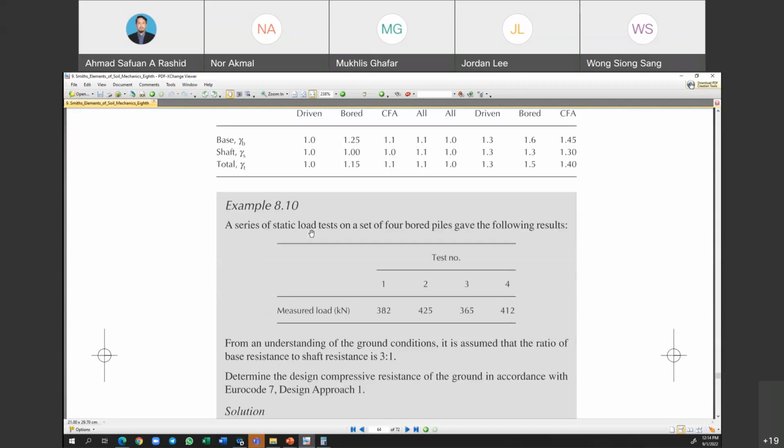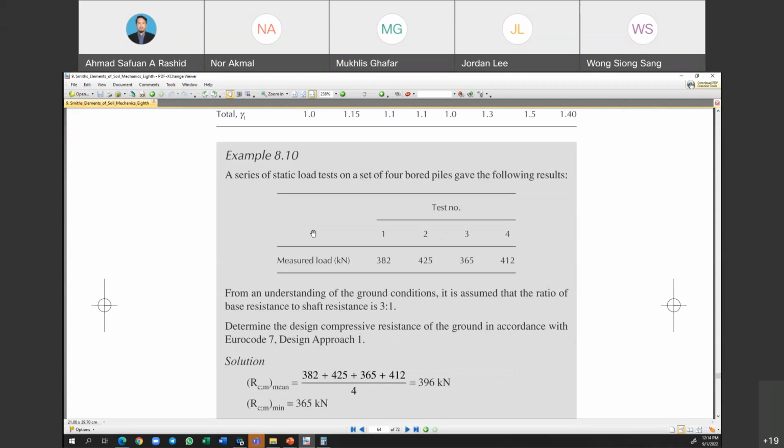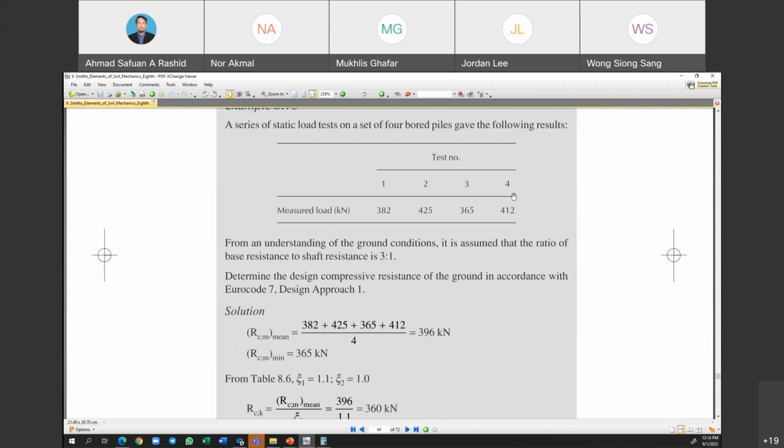So this is an example for a series of static load tests, as we have discussed previously. We have four tests, so we need to look at the zeta. If it is 4, the mean should be divided by 1.1, zeta 1, and the min should be divided by zeta 2, which is 1.0.